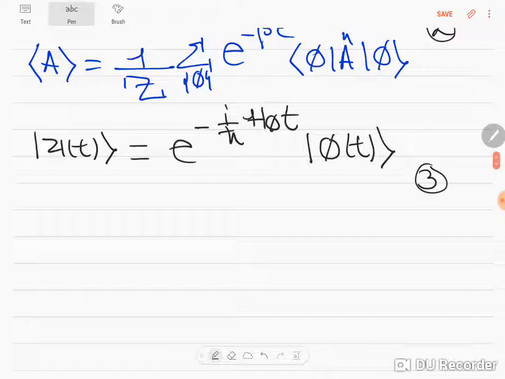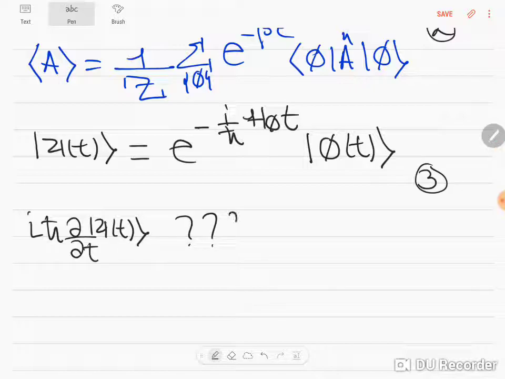Okay, now the procedure goes as follows. Let's first calculate the term i h bar times the time derivative of psi of t, and see what this is in terms of the state phi of t.